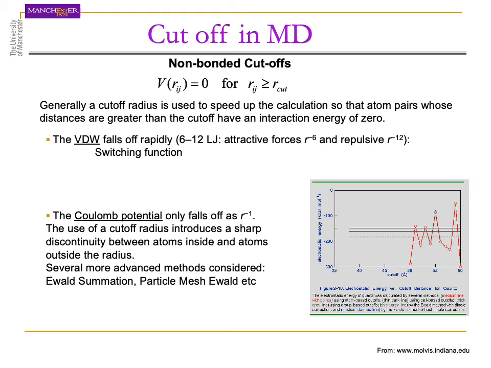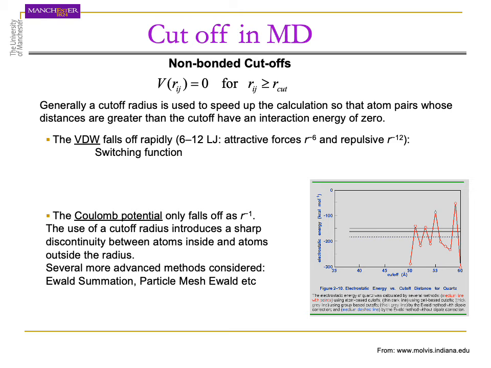For van der Waals interactions that are modeled by the Lennard-Jones potential, this is a much simpler task because the Lennard-Jones potential falls off very quickly as r to the power of minus 6 or r to the power of minus 12.